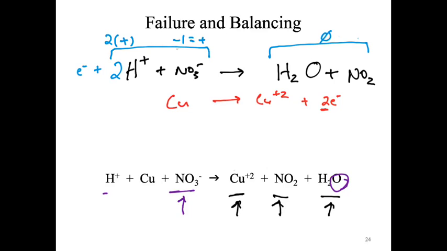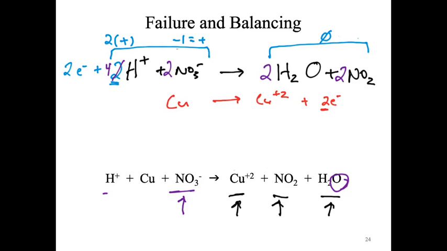Multiply by 1. So what should I do to the red equation? Multiply by 1, which means none of the numbers change, right? It stays the same. What happens to the black equation? I need to multiply everything through by 2. So this becomes 2 electrons, 4 hydrogens, 2 nitrates, 2 waters, 2 NO2s.